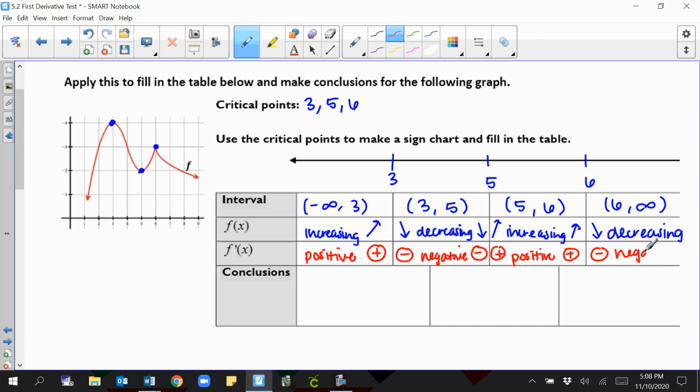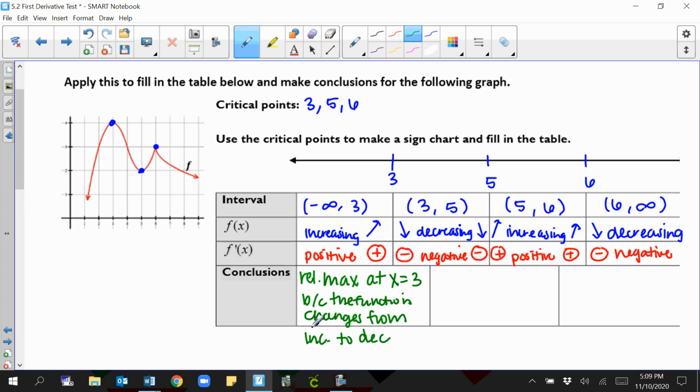And negative over here. So the conclusions that I can make: if it goes from increasing to decreasing, or my derivative goes from positive to negative, that means that I'm going to have a maximum at 3 right there. So I'm going to say that there is a relative max at x equals 3 because the function changes from increasing to decreasing.